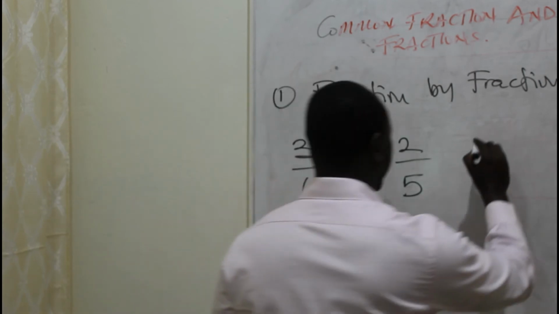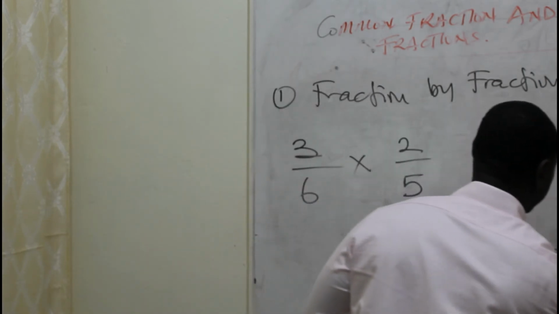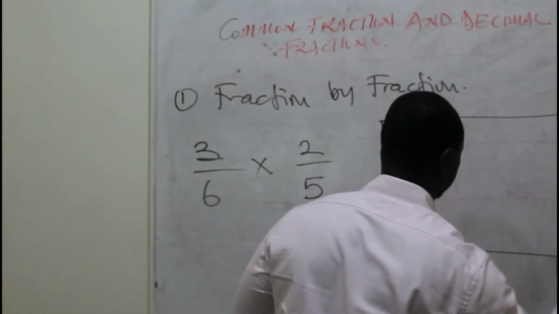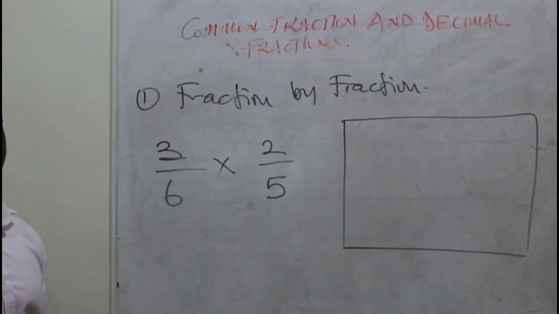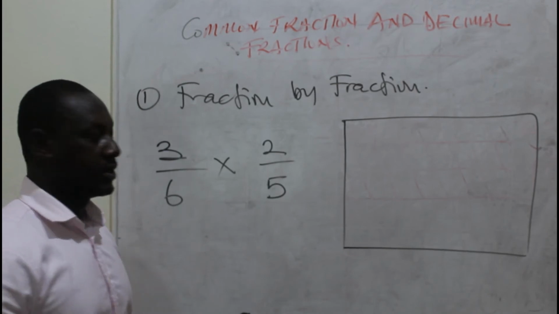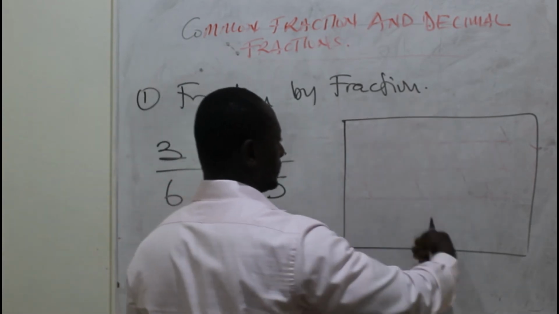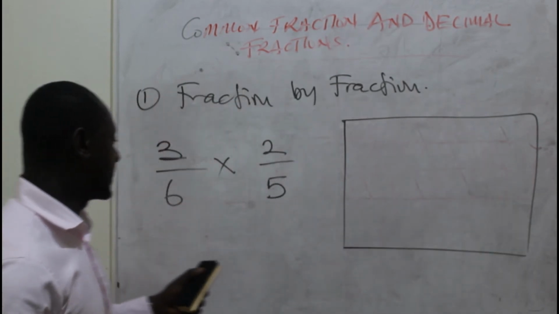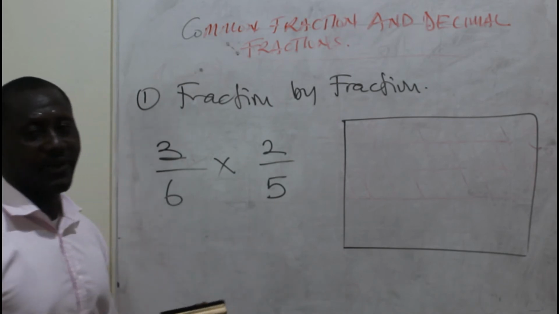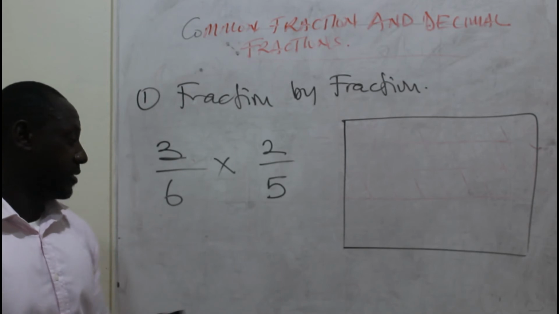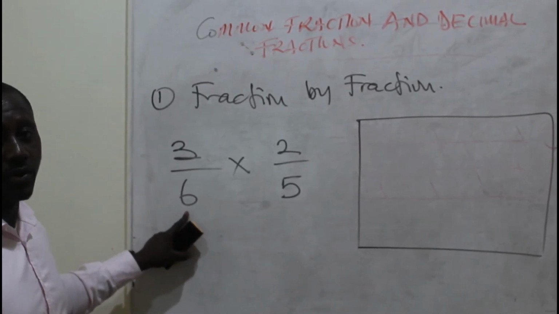So let's look at my paper. This is my paper. I am going to divide this paper vertically. When I talk about vertical division, it is like this. So I'm going to divide the paper vertically into 6 equal parts. Why am I dividing into the 6 equal parts? Because here the denominator is what? 6.